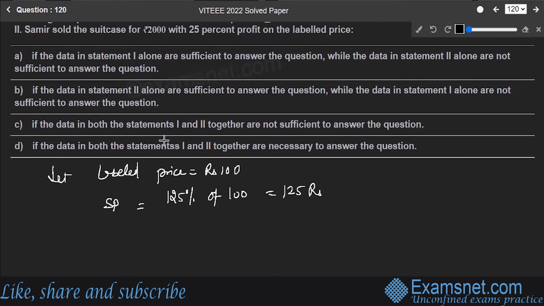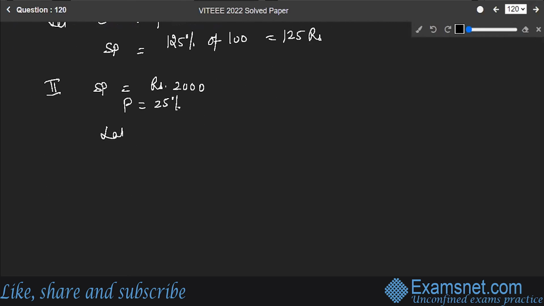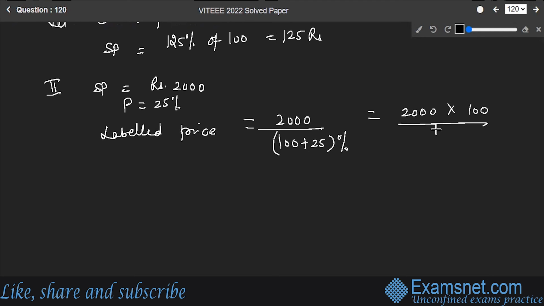Now the second one, he sold a suitcase for this. So the selling price is equal to 2,000 and profit was 25%. So the labeled price or the marked price, you can say, is equal to 2,000 into 100 upon 100 plus 25%, which gives you 1600 rupees.